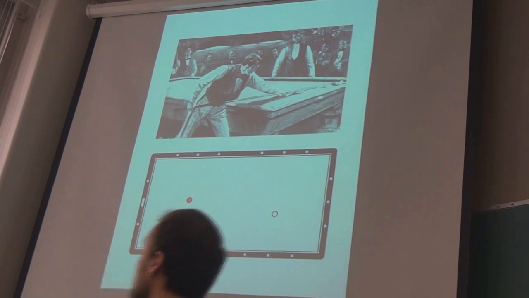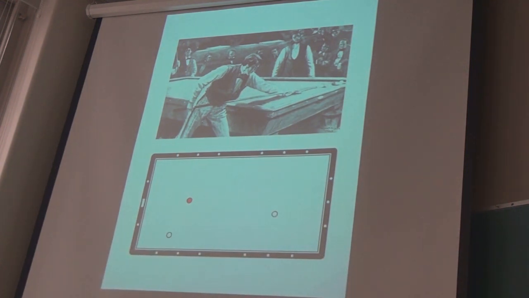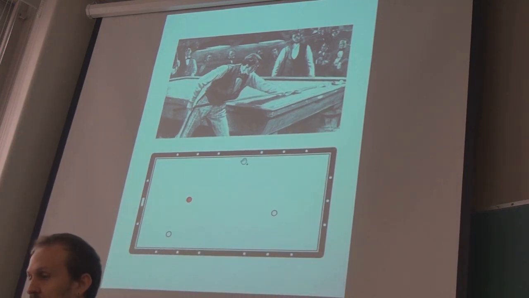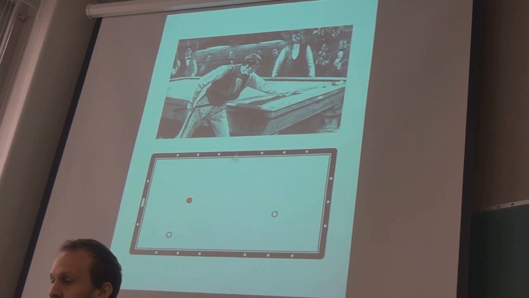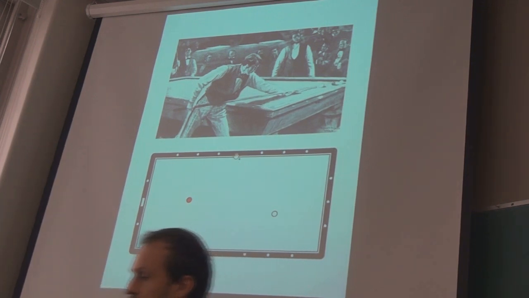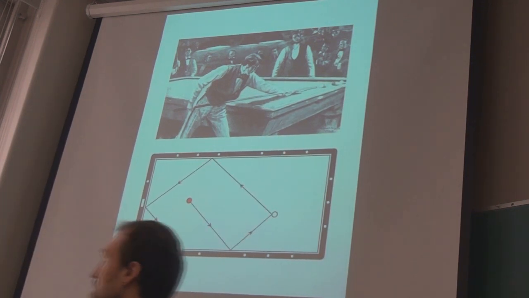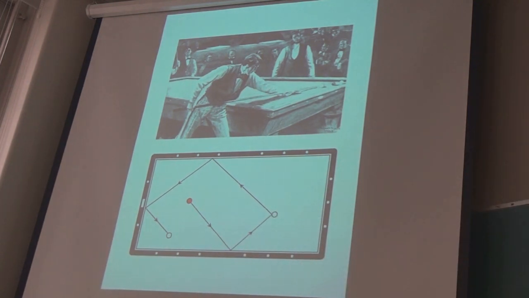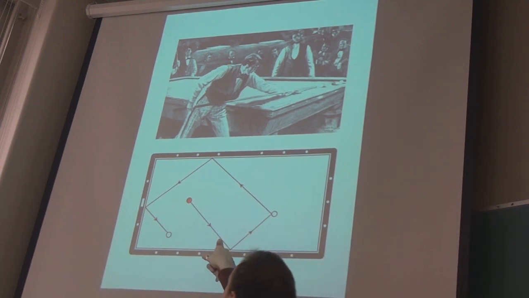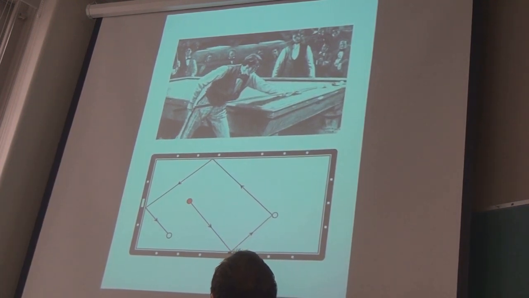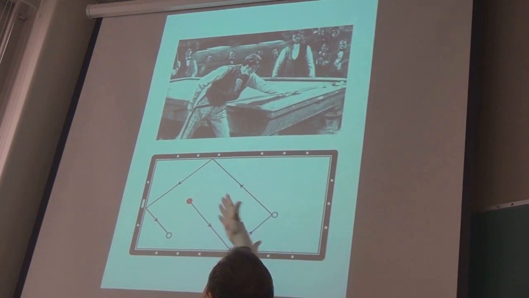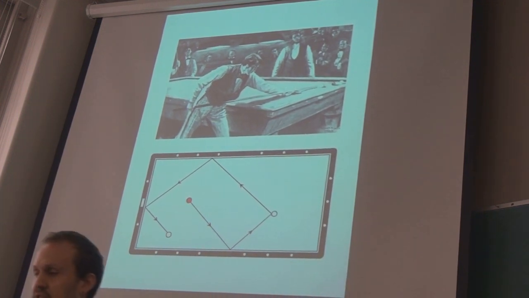You have this rectangular table, and when you hit a ball, it's going to, of course, bounce off the edge at the same angle that it hit the edge. For example, if you move the red ball along that line, it's going to hit at the same angle and bounce off, and then it might hit a ball and hit other stuff depending on how fast you hit it.